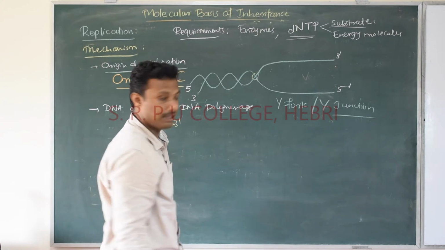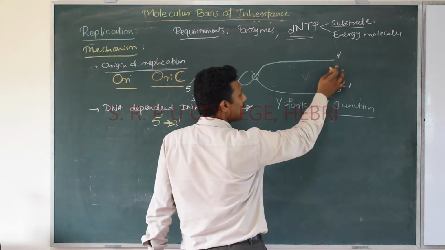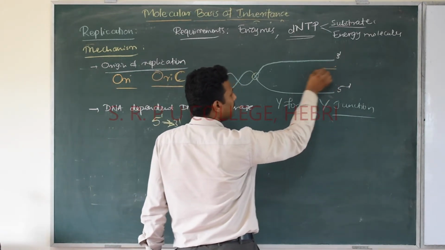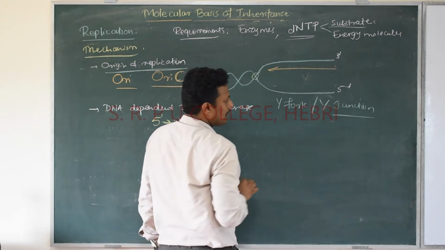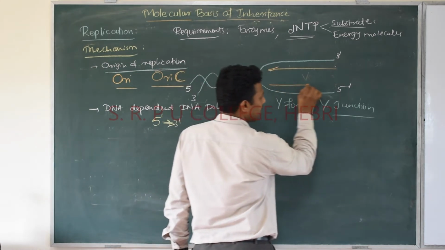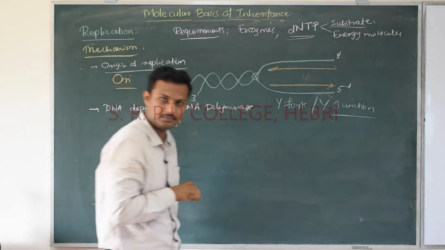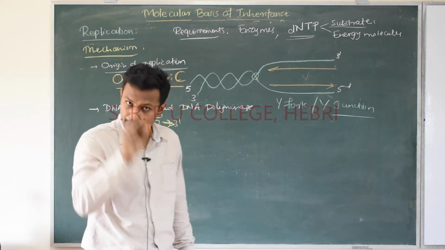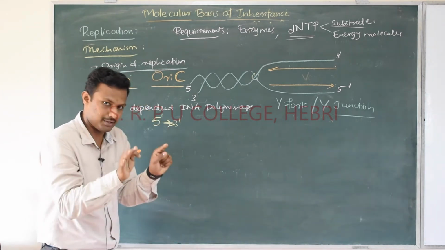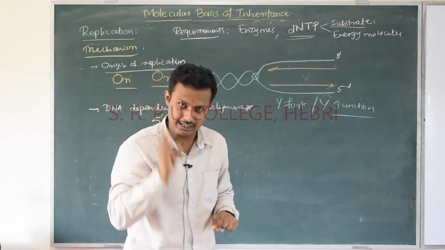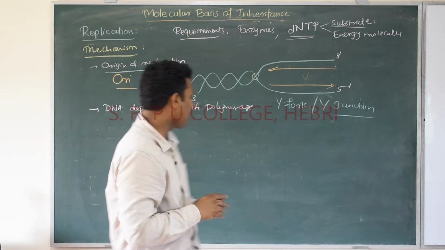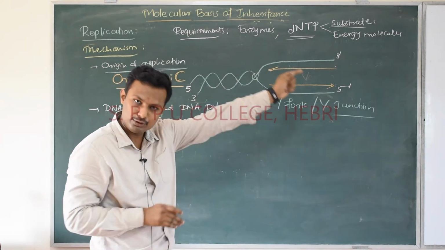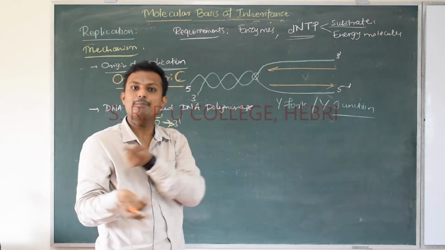Yes, that means here one strand is being produced 5 prime to 3 prime in this direction, and one strand is being produced 5 prime to 3 prime in this direction. That means replication takes place bidirectionally; the process of replication is bidirectional. Now you understand why, right? Because one parent strand is 5 prime to 3 prime, the other parent strand is 3 prime to 5 prime.